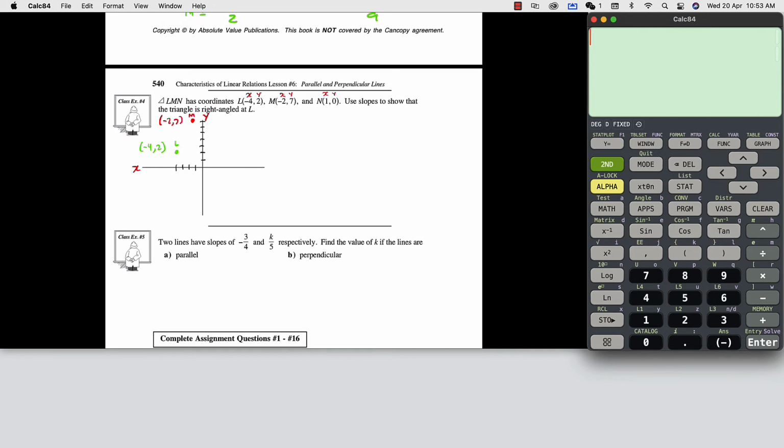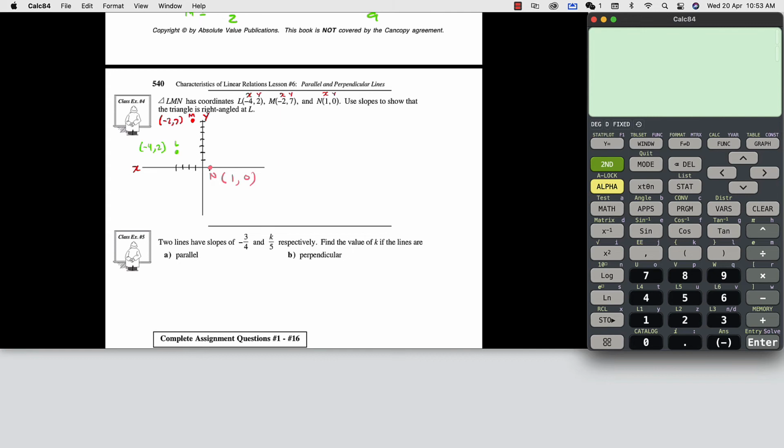And the last one is point N, which is at 1 in the X and 0 in the Y. So that is going to be this point right there, which is going to be point N at 1 and 0. Okay, and that's going to be forming a triangle.